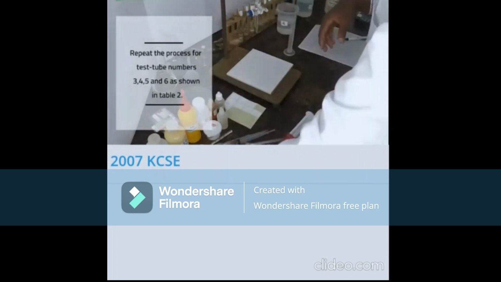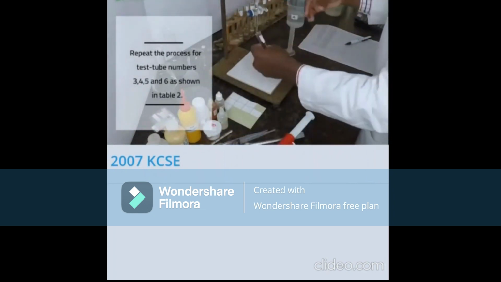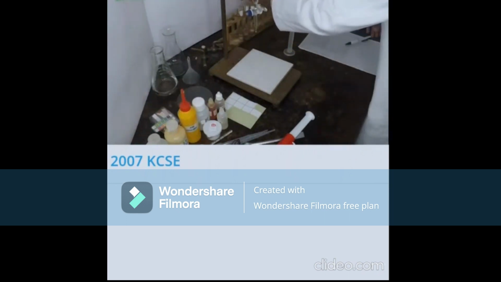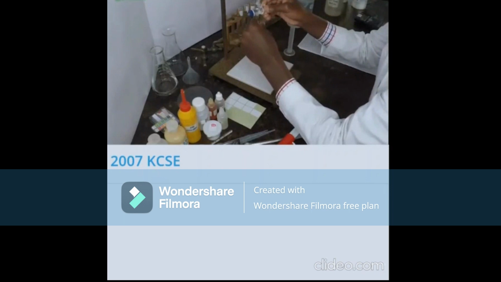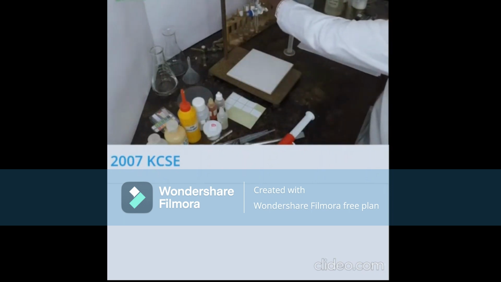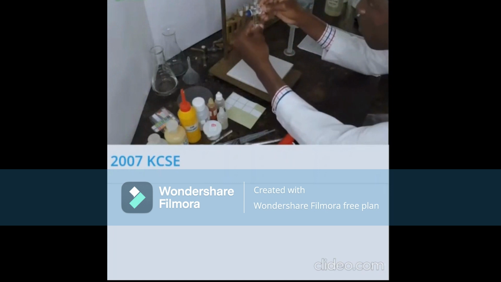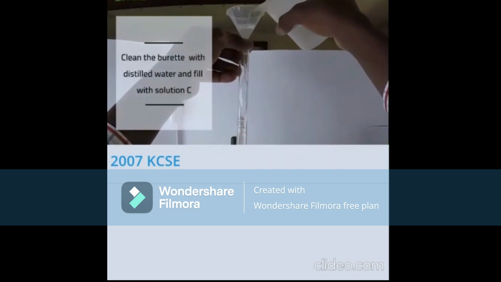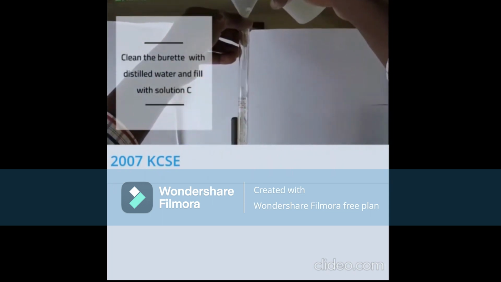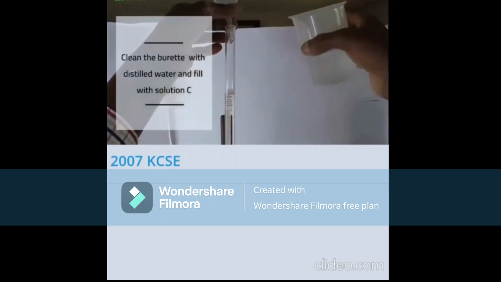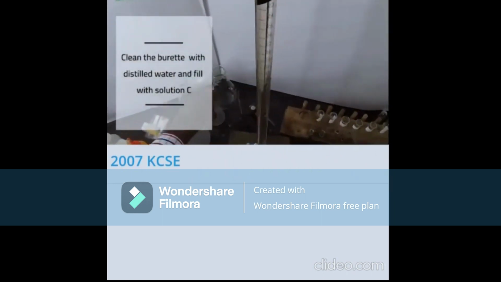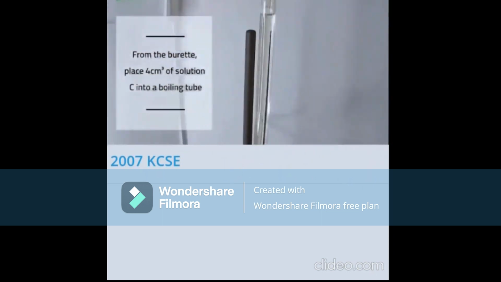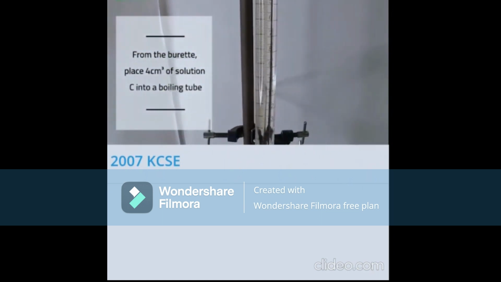Now let us go to the second part of the procedure. You should make sure that you clean this burette again and pour solution C. From the burette you need to measure 14 centimeter cube of solution C into the boiling tube. We want to stir this 14 centimeter cube with solution A in test tube 1 first.